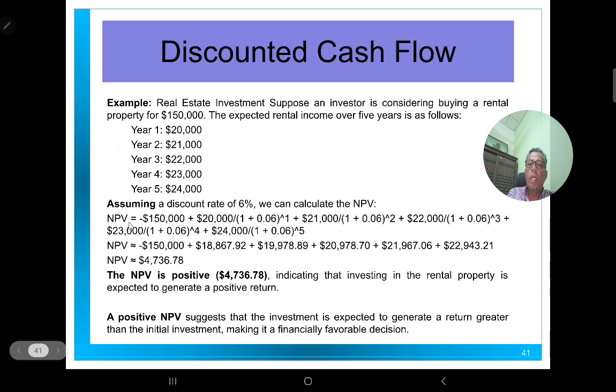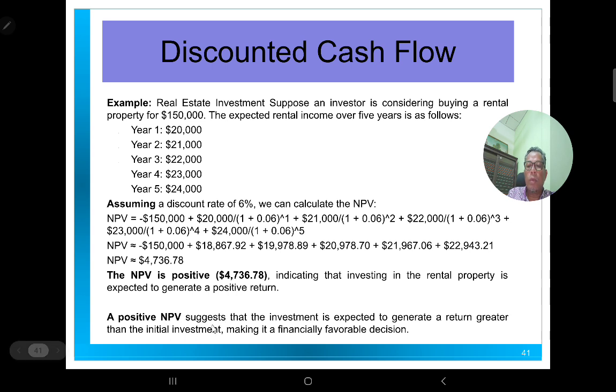So for NPV, you just put in the values and do the calculation. In this scenario, with I0 at 150,000, the yearly cash inflow from 20,000 to 24,000 within 5 years, and a discount rate of 6%, you will get an NPV that is positive, 4,736.78. This indicates that the NPV is positive, which indicates the investment in the property is worthwhile.